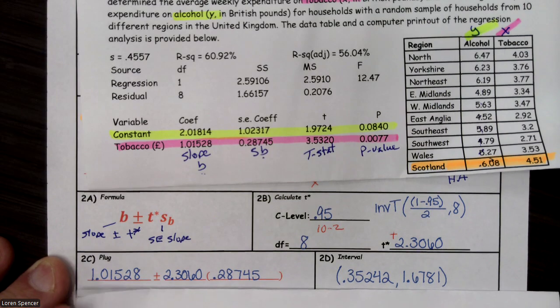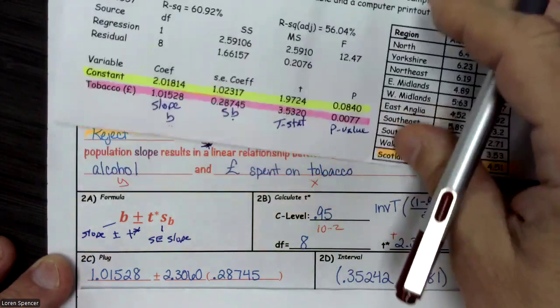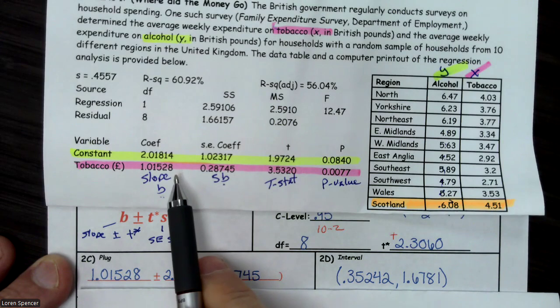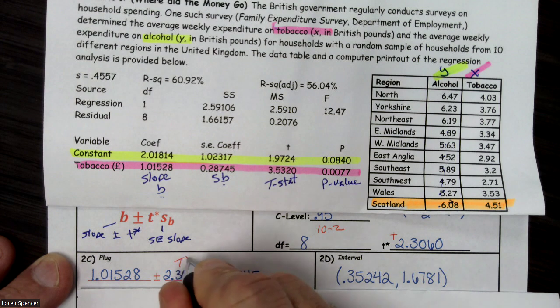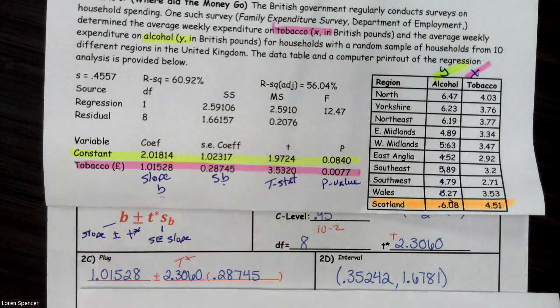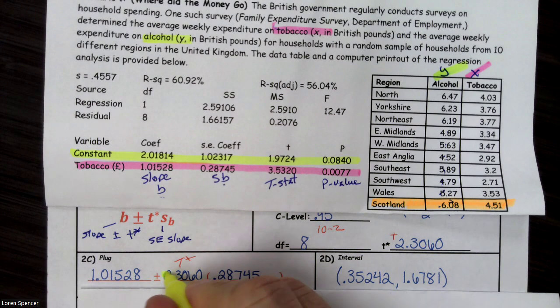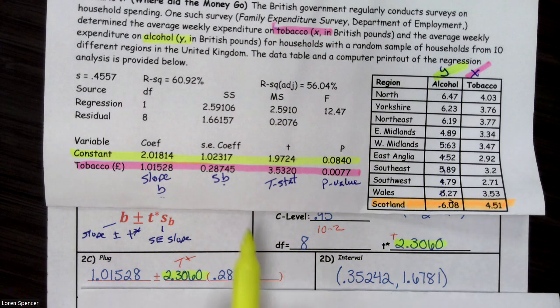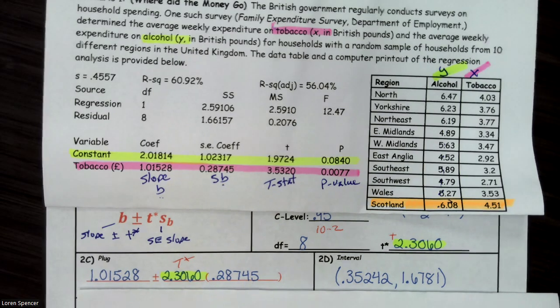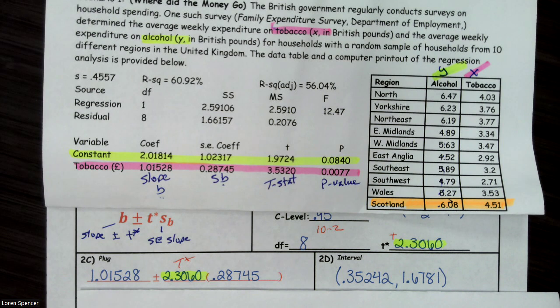So when we plug in, we're plugging in our slope that comes right off our printout. Plus or minus, this is our t star that we just calculated. And then we have our standard error of our slope, which came off the computer printout. So then we need to calculate our interval.